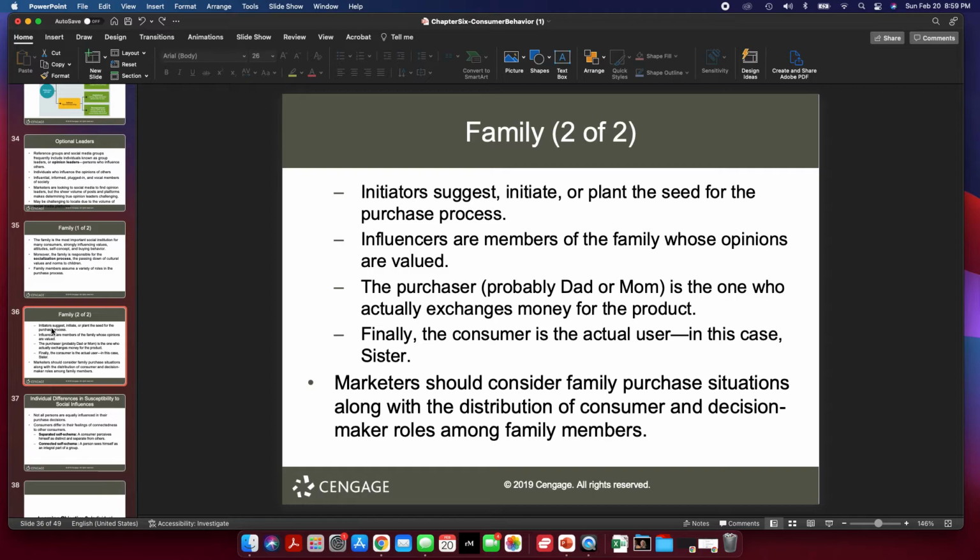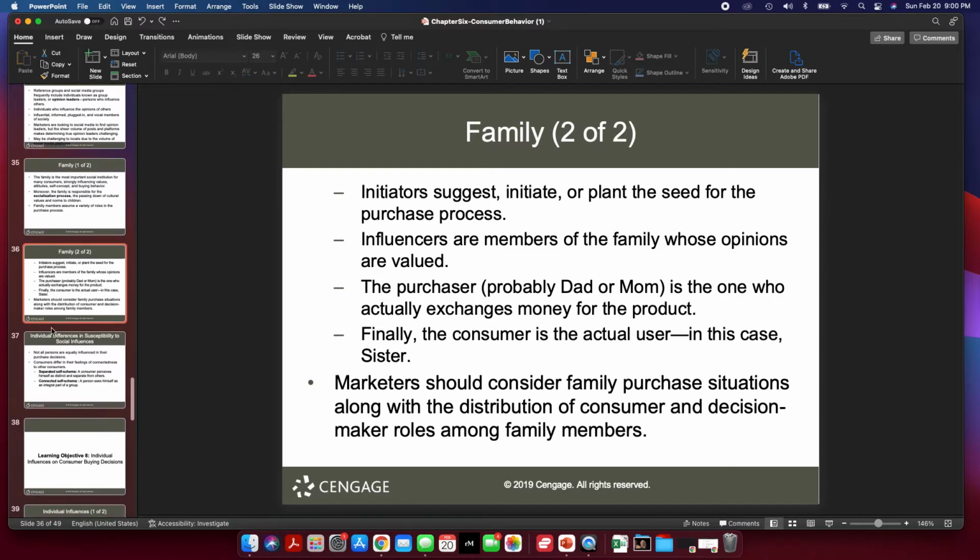Instead, they target the adult children of the seniors. Because if you think about it, senior citizens don't have much money, and they're not the ones buying the cell phones. Usually, the adult children say, "Hey, listen, mom, you've got to give me a call." So it's interesting that marketers should consider family purchase situations and how consumers interact with their products.